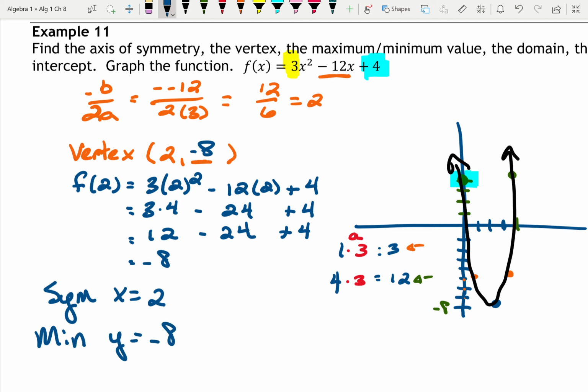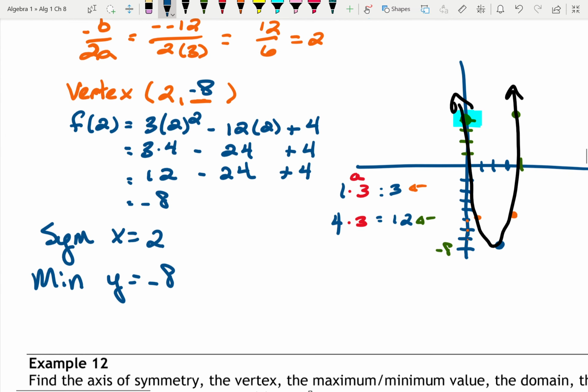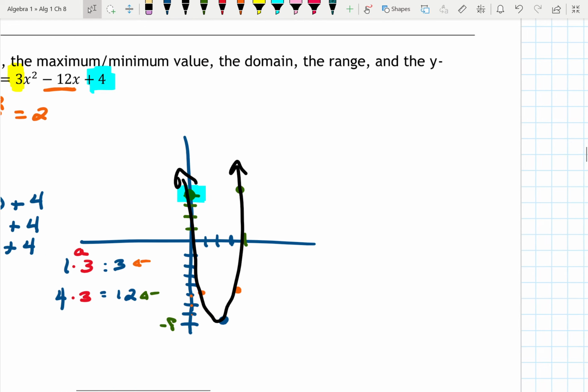The minimum and the maximum we're talking about like the altitude, the height of our graph. Domain and range. My domain is going to be all reals because there are no domain restrictions. My range is going to be everything above negative 8. So y is greater than or equal to negative 8. And then is there anything else?